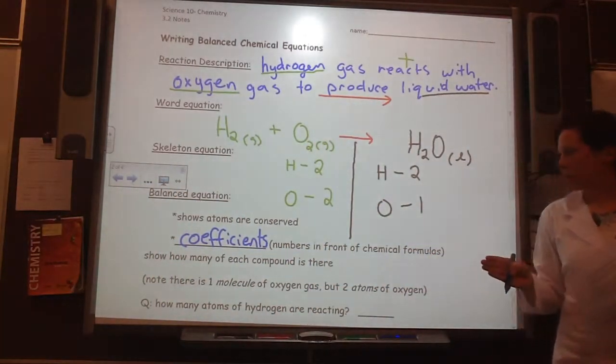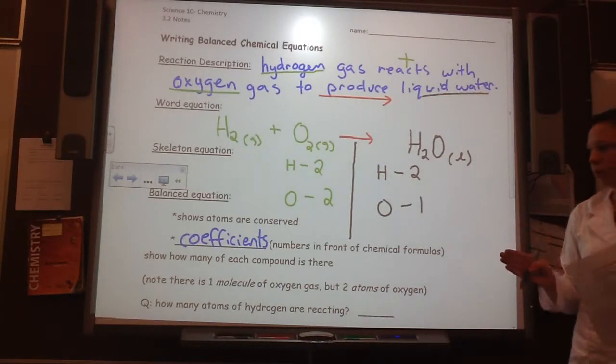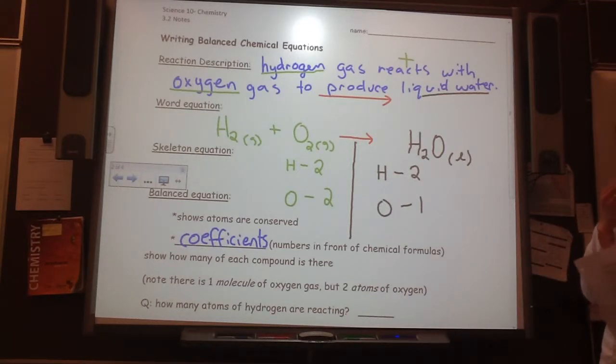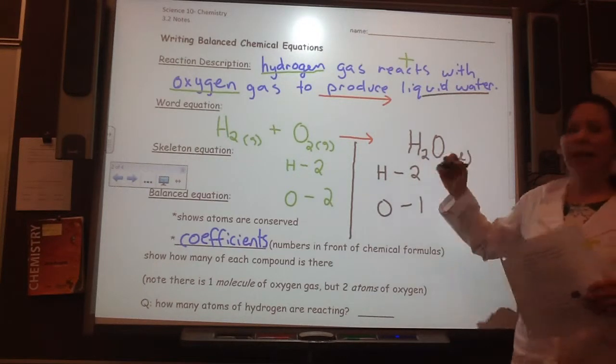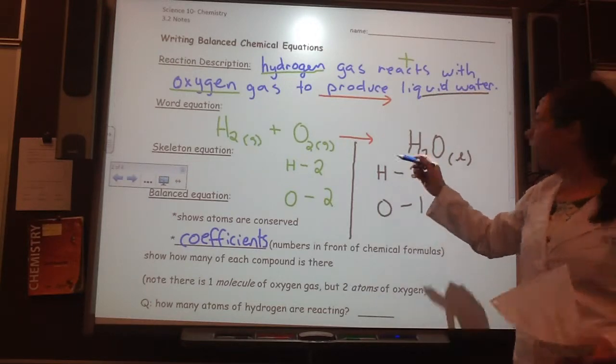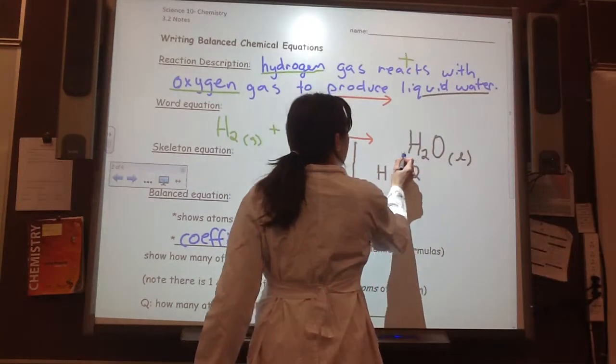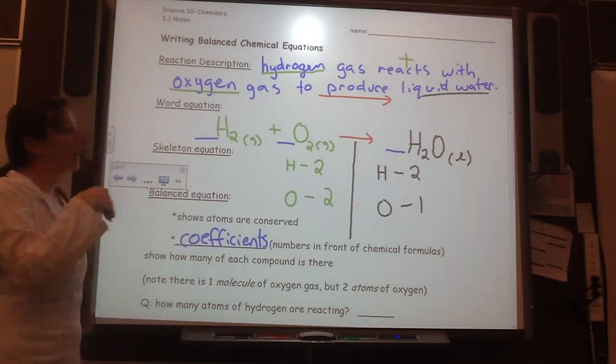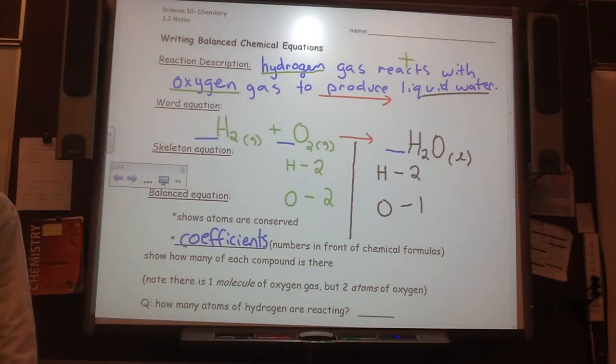These are numbers in front of chemical formulas, and they show how many of each compound is there. To put in a coefficient, I usually draw a little line in front of each compound to show that I can put a number there. If there's no number there, we just assume it's 1. So right now they're all 1.